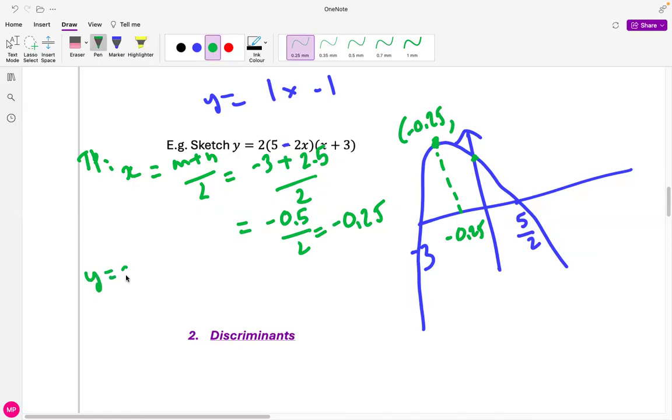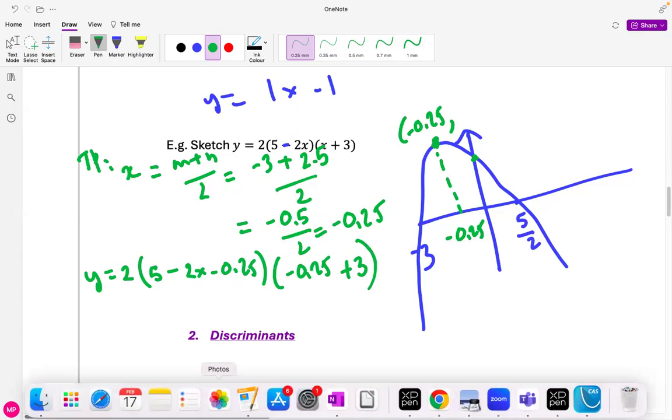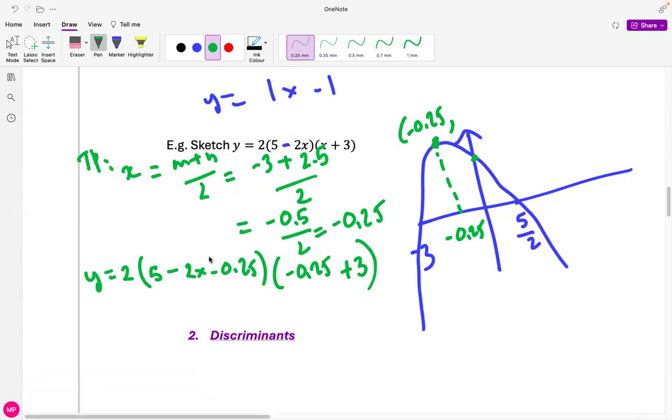So y equals 5 minus 2 times -0.25, and -0.25 plus 3, right? So what I have here is -2 times -0.25 is 0.5. 5 plus 0.5 is 5.5, times 2. Negative 0.25 plus 3 is 2.75.